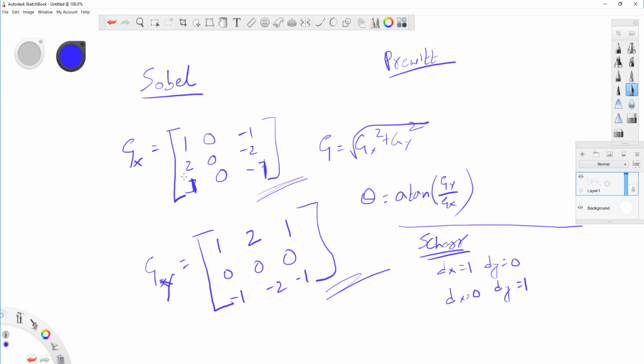Again, you have these two along the x and y directions. For gx, Prewitt is 1, 1, 1, 0, 0, 0, minus 1, minus 1, minus 1, and gy is rotated. As you can see, they're all in a way based on the Roberts implementation.